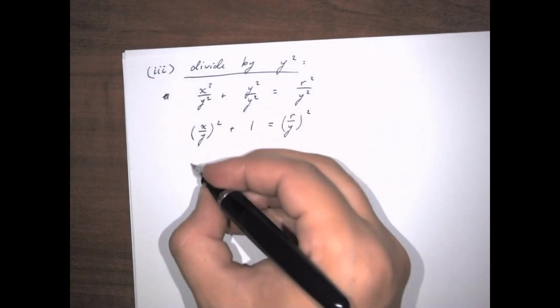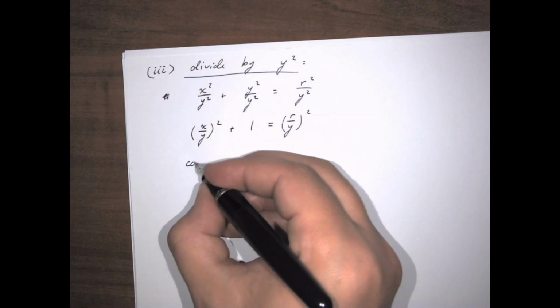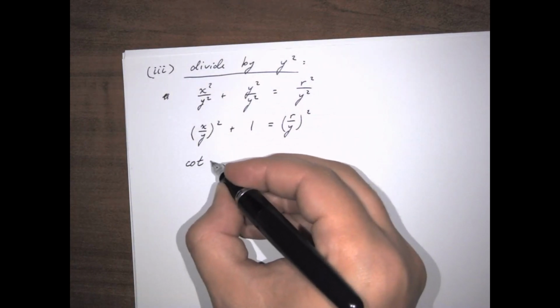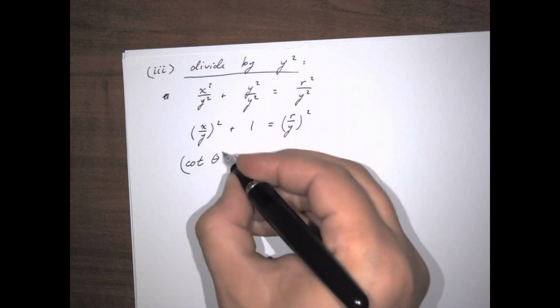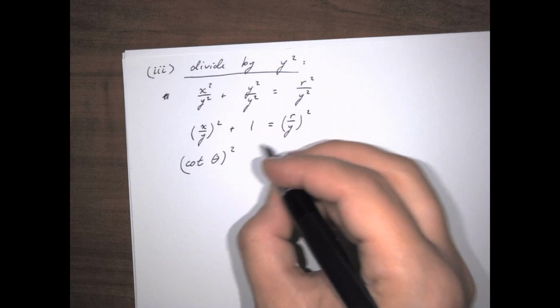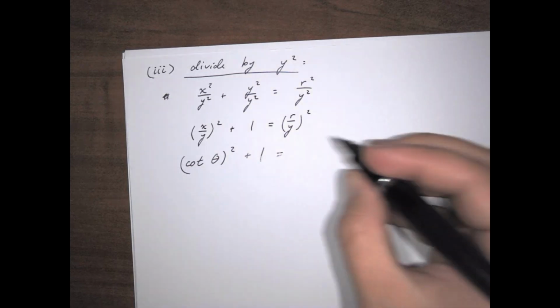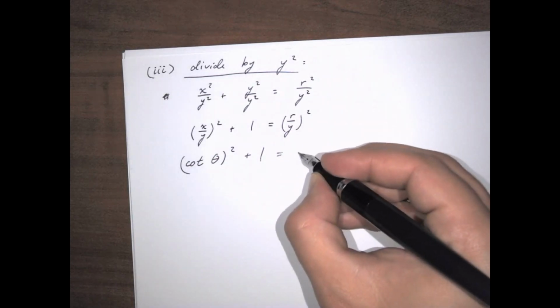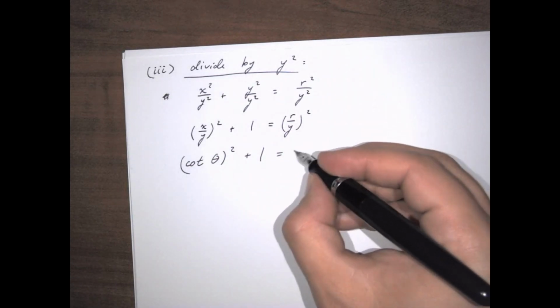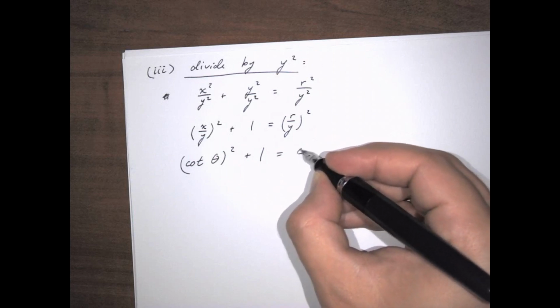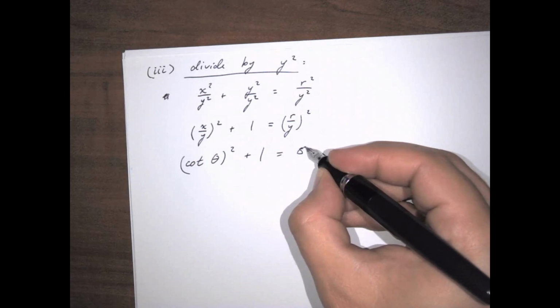Now x over y, that is the cotangent of theta squared plus 1 is equal to the just the secant. No, cosecant, what am I saying?